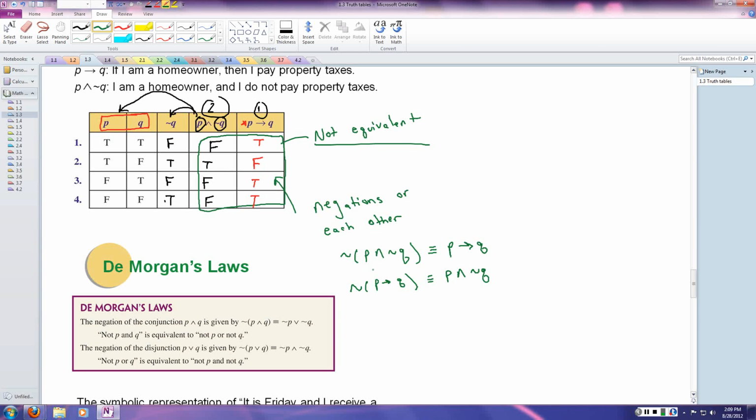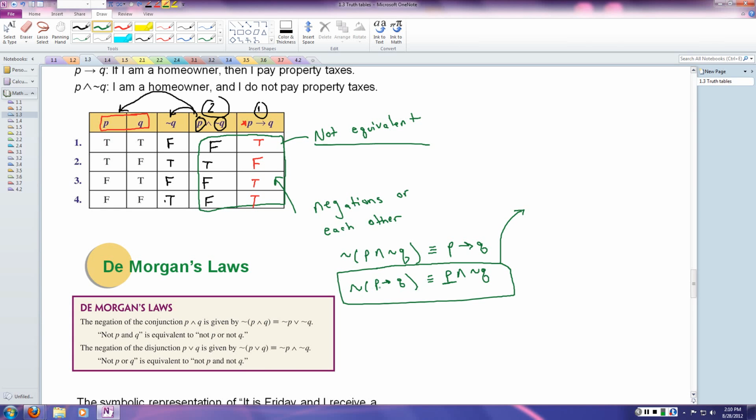So this is the one I want to focus on, negation of a conditional. When you negate a conditional, you never change the sign here. If I distribute this negative, I do not distribute it to my premise. If I'm negating a conditional, if P then Q, that is the same thing as saying P and not Q. So that's one of the negations that's going to come up in your homework.